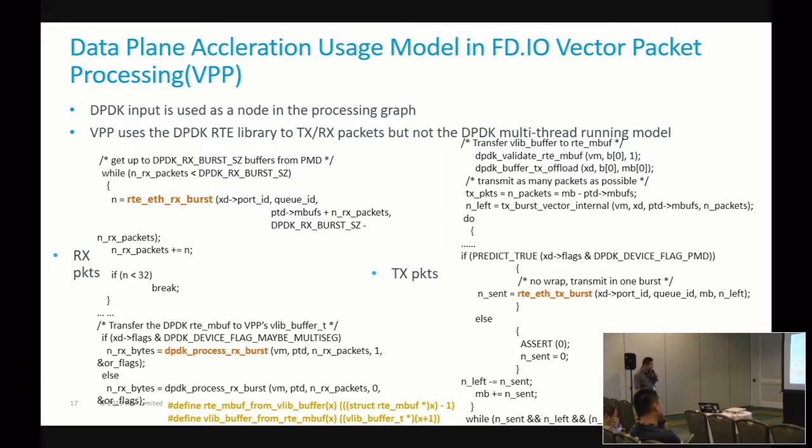So it provides two macros to do the conversion between the two types of packet buffers. VPP uses the DPDK RTE library to transmit and receive packets, but not the DPDK multi-thread running model.